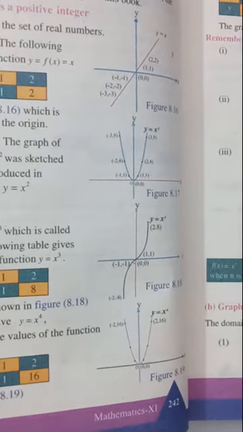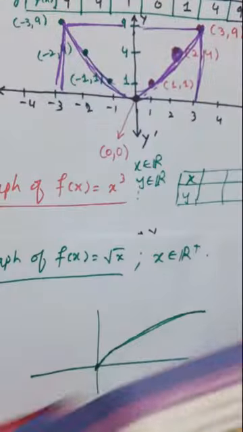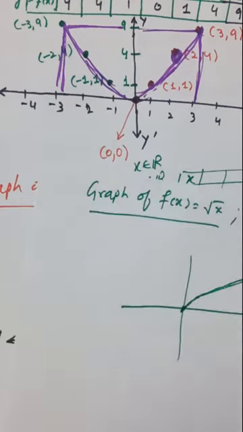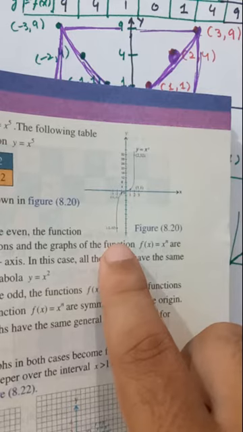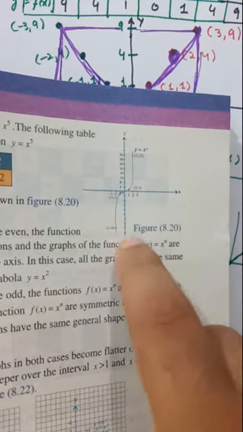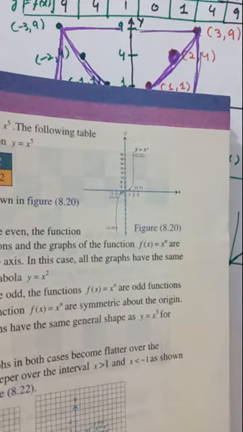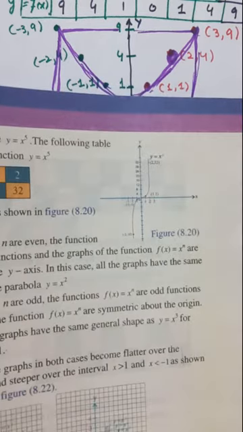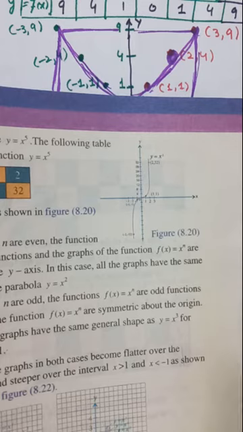And you see, this one is the graph of y is equal to x power 5. The shape of this is like the shape of y is equal to x cube, but its branches will always shrink toward the y-axis.